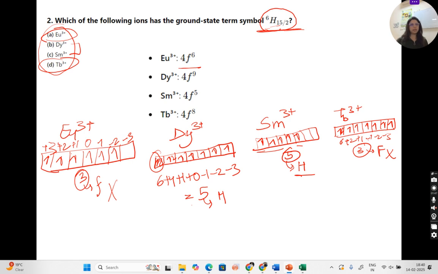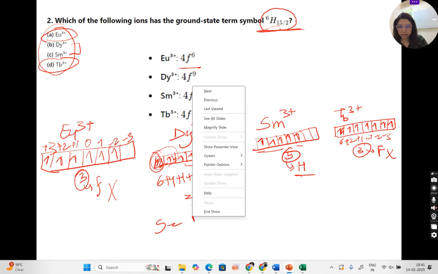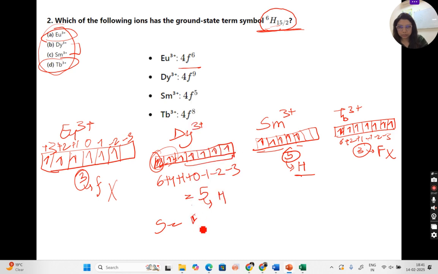Now we move forward with the next thing, which is calculating S. So in this case, what is S? As we have these paired electrons, we cannot count them, so we are only left with the unpaired ones, which will give us S of 5 by 2, and the spin multiplicity for this case is 6.